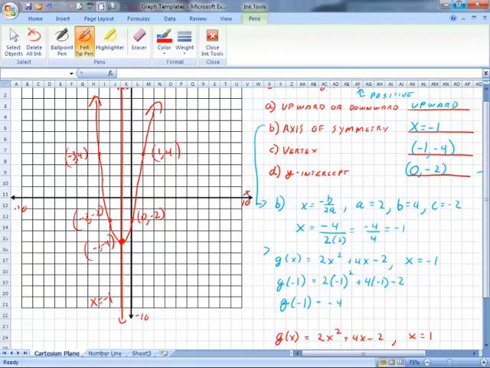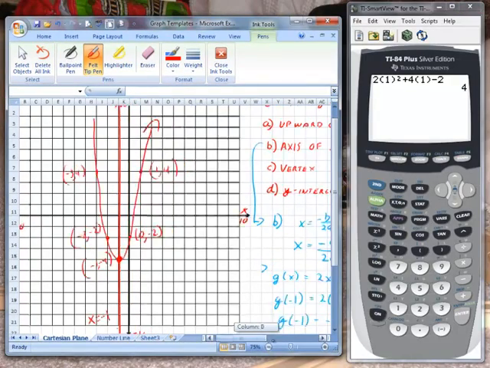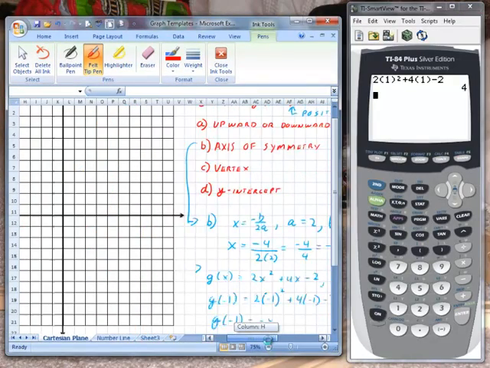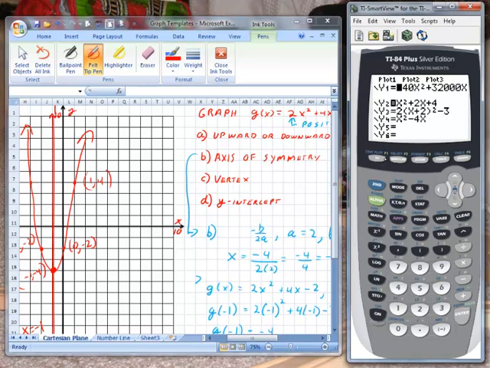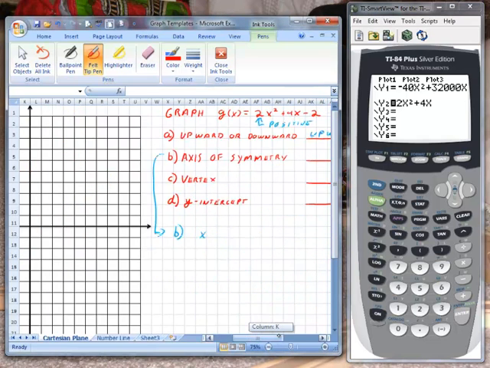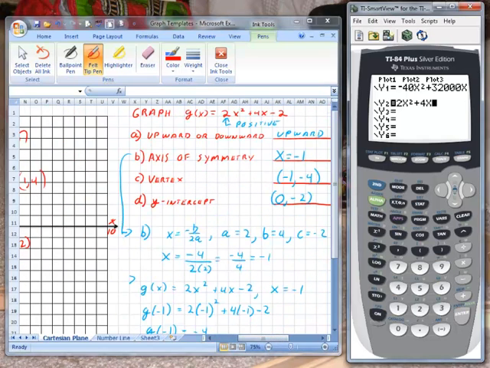Once I have that graph, I can plug it into the graphing calculator and see if I came close to whatever I needed to have. So let's clear this one out, and all these other ones, and I'm going to plug in 2x squared plus 4x minus 2.